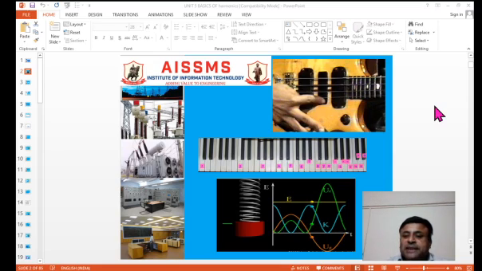In your 11th standard, you have performed the experiment of the tuning fork, in which you created vibrations of that tuning fork. So these are harmonics.